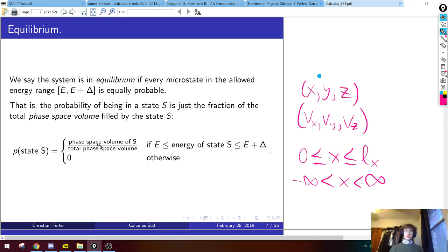So the total amount of volume associated with a given state that has some energy E, divided by the total phase space volume, is going to be the probability P of being in a state S. So this equation here is just the statement of equilibrium, that all the states are equally likely, in the case where there's infinitely many such states. So if they're all equally likely, you just find the volume associated with the state you care about, divide by the total volume, and then that's the probability of being in that state.